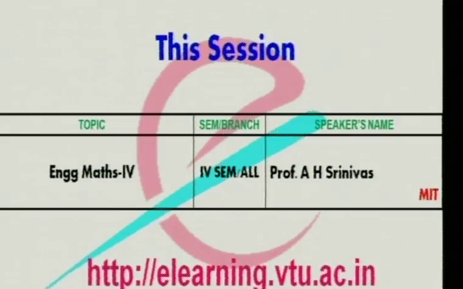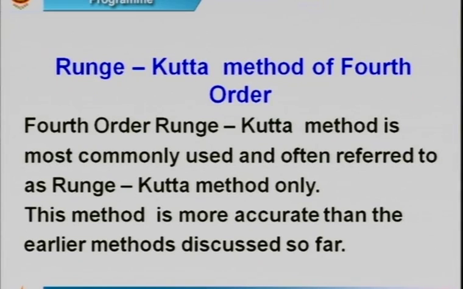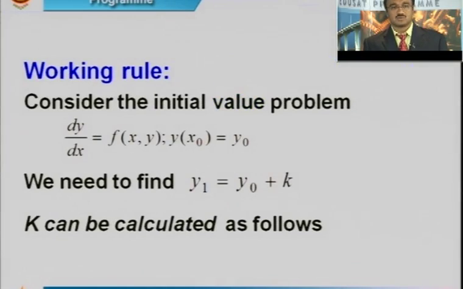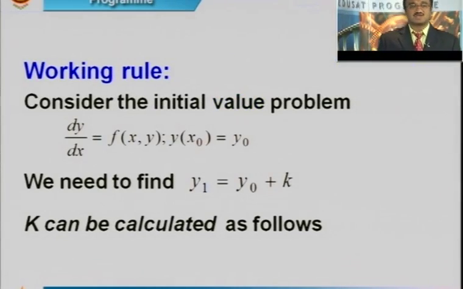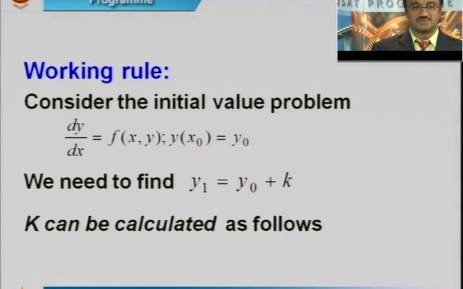The fourth order Runge-Kutta method is the most commonly used and is also referred to as the Runge-Kutta method only. This method is more accurate compared to the previous two methods we already discussed, Taylor's and modified Euler's method. So we are going to discuss the working procedure to solve initial value problems.